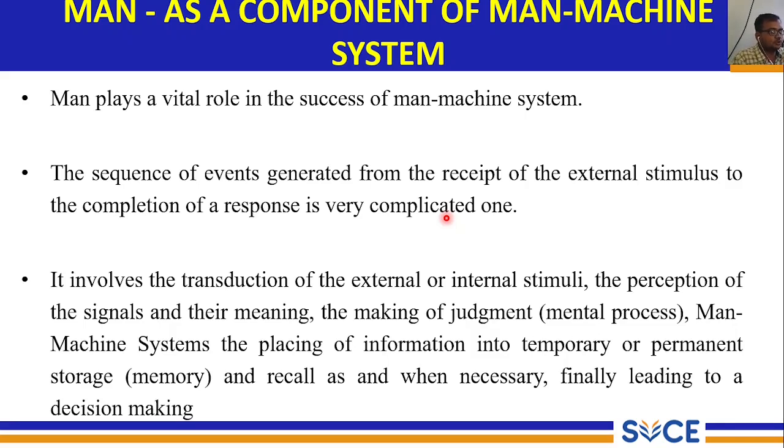So all those judgmental or mental processes are done by man, and the placing of information is quite temporary, because human memory is very small compared to a machine's memory. The machine will have a good memory, right?